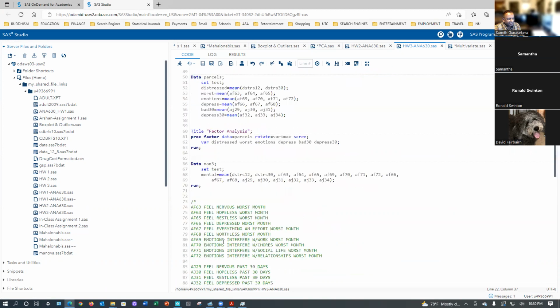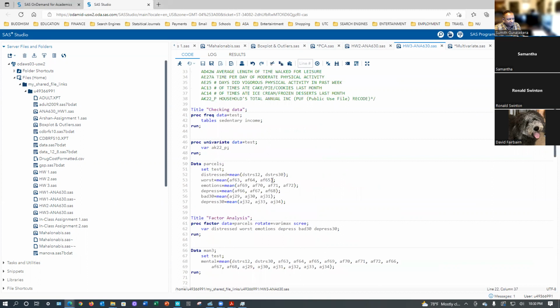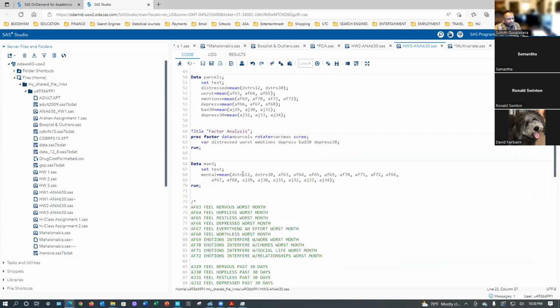Okay, and later on I'm going to do this on it. Then I got this one too. I passed this one out the same way that we have that one. From this one, I got this one together. We already have those variables from even homework one. I used those, got all of these, and their average I call the mental.